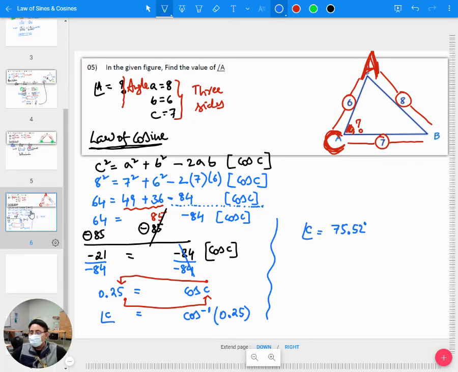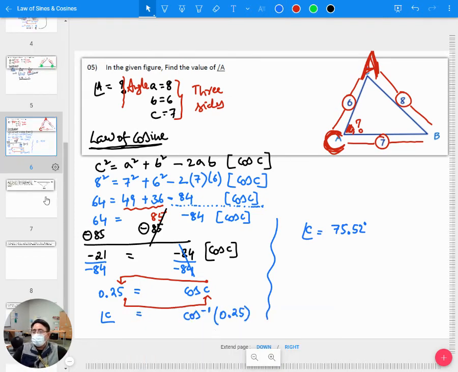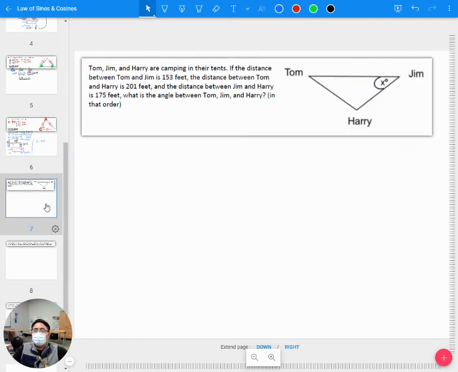So let's go to the next question. Now let's discuss some word problems. Tom, Jim, and Harry are camping in their tents. The distance between Tom and Jim is 153 feet, so let me label the parts. Therefore, this is going to be 153 feet.